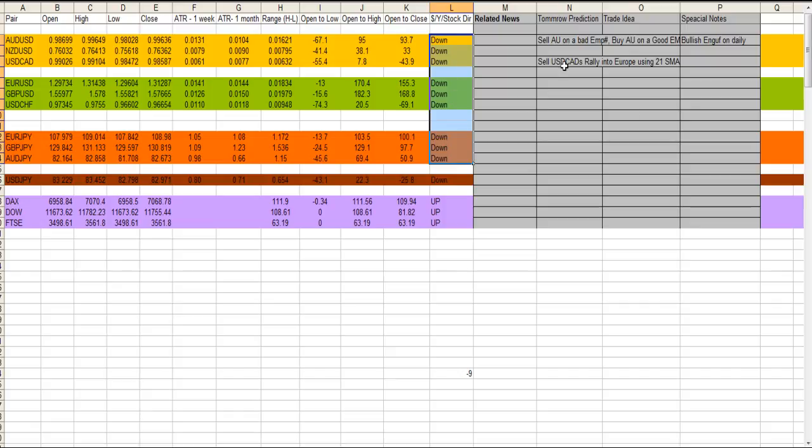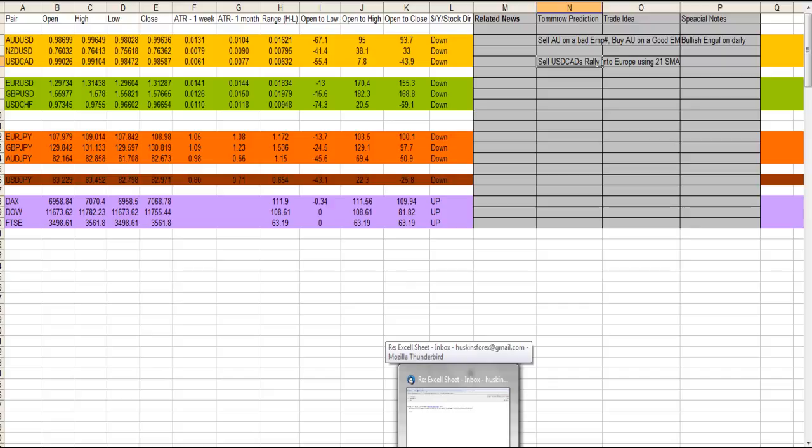Based on that, I have a trade idea to sell any rally of the USD CAD during the European session. So the idea is similar. On a 5-minute chart, between 2 o'clock and 4 o'clock, if we have a rally on the USD CAD, once price breaks through the 21 SMA, we could attempt to sell the USD CAD with the idea that it will continue its march southward.